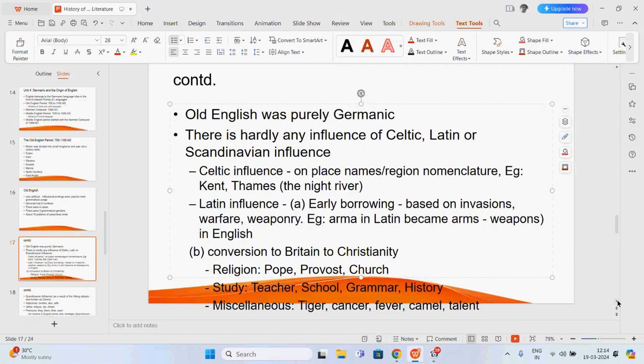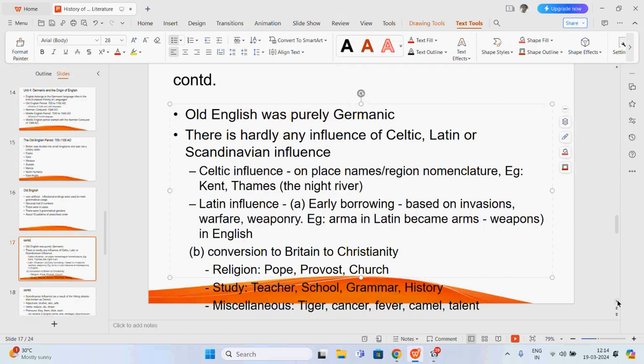For example, words like Pope, Provost, Church. These are all words dealing with religion based on Christianity, and these came to the Old English language. Words from the field of study: teacher, school, grammar, history. These are modern words. These are again a result of the Latin influence.